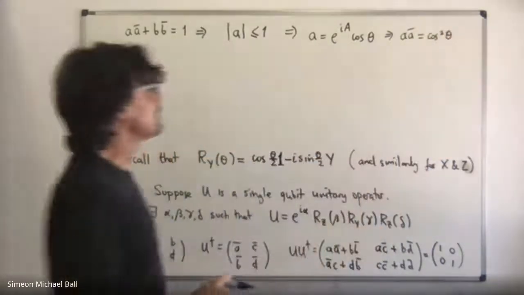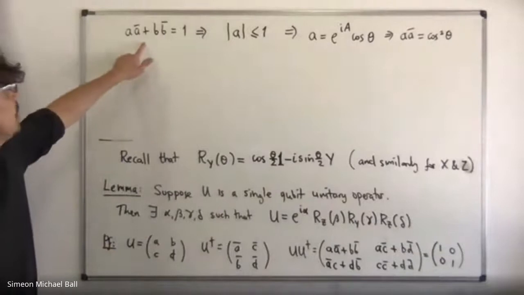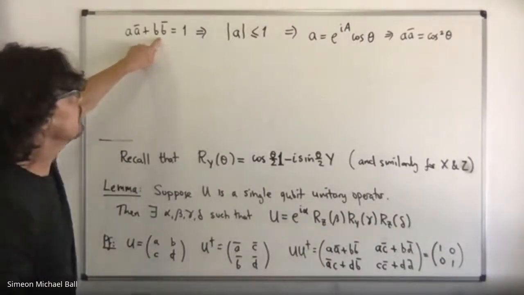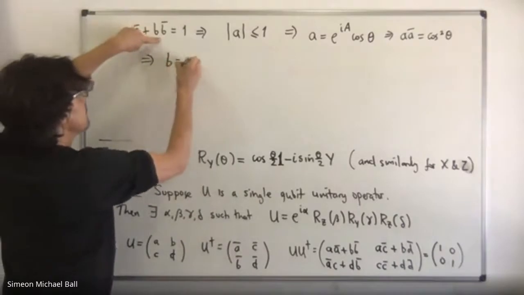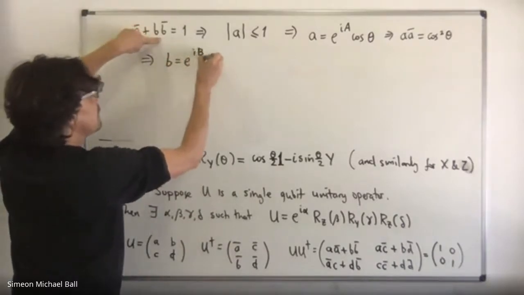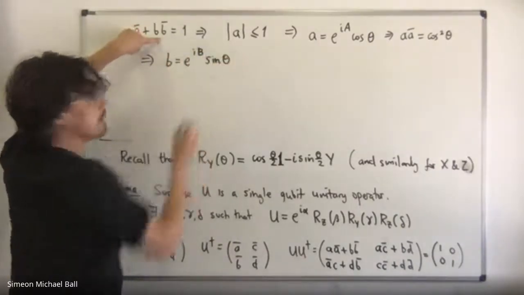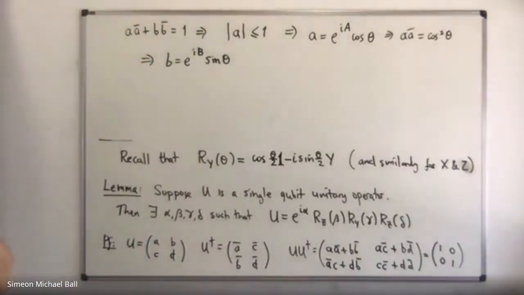Okay, so that's fine. And now when I look down here, this implies that A is cosine theta, so B is of the form e to the i B sine theta. Cosine squared plus sine squared is 1.